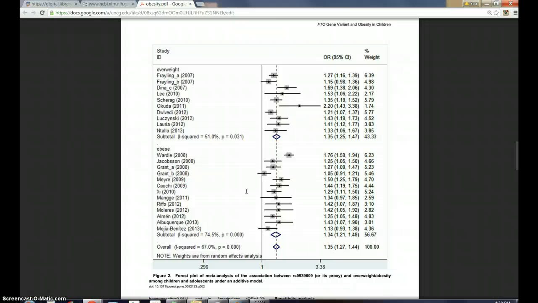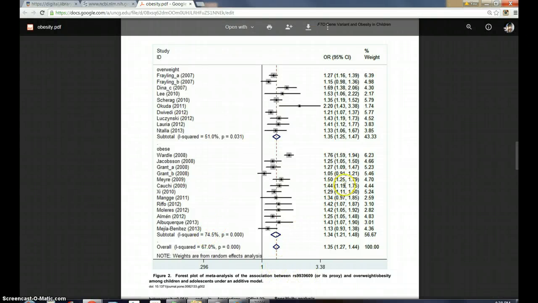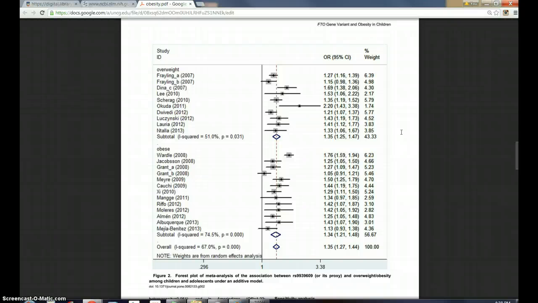Now, the first thing you want to remember is that this is an odds ratio, okay? That's what they're looking at. Now, an odds ratio is basically taking one thing and comparing it to another, all right? Now, anytime you have a study, you want to find a difference, okay? You want the null hypothesis to be incorrect, meaning that there is a difference between groups. If there's not a difference between the groups, then what's the point of doing the study?